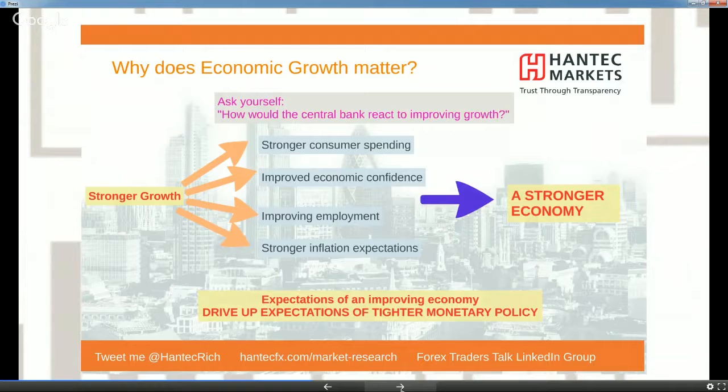In the last Fed meeting minutes, if you read them, the Fed suggested that economic growth needs to be gaining traction as well. They want to see economic growth in Q2 continuing to improve, and that would help drive the inflationary expectations and persuade them to tighten monetary policy, or in their case, normalise monetary policy. But certainly that seems to still be the case.